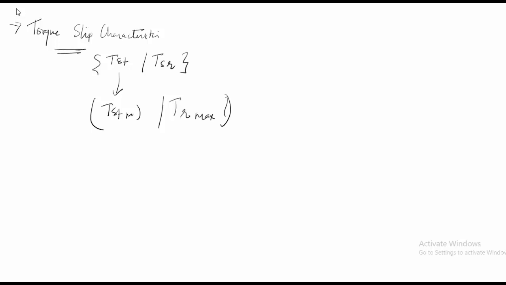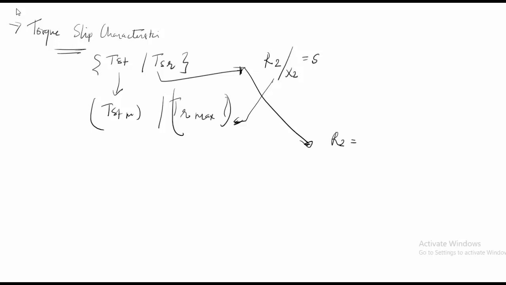So what we found out is that your running torque is maximum when R2 by X2 is equal to S, and your starting torque is maximum when your R2 is equal to X2.